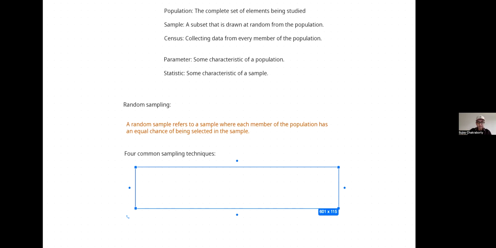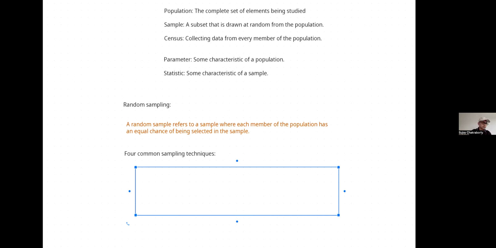So break the population into subgroups based on some characteristics and then sample each subgroup.